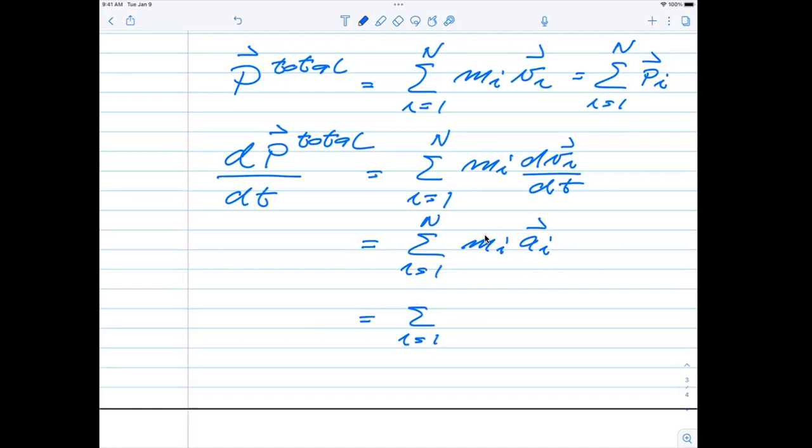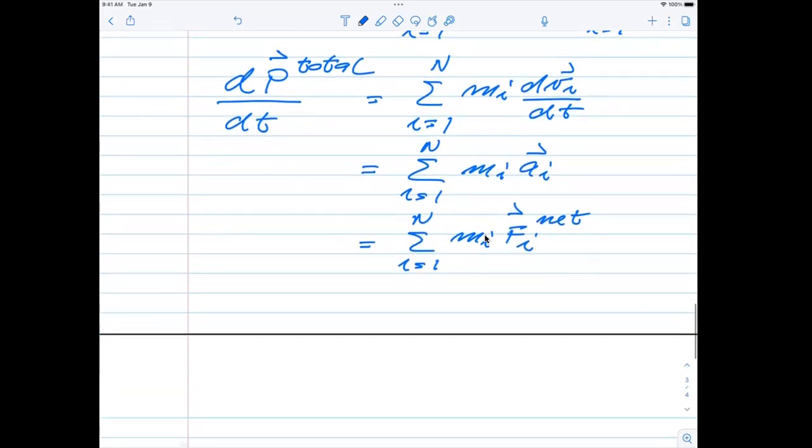So if we have the sum from i equal 1 to n of m_i a_i, which is F_i, I have to be a little bit careful here, because I need to write this as the net force. If we remember what we defined a little bit earlier, the net force is given by F_i external plus the internal forces. And if you remember what we discussed in the very beginning of the semester, we defined the forces as long-range forces, and these would typically be the internal forces.